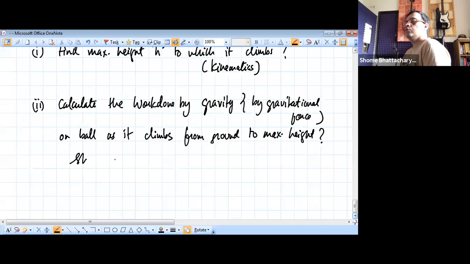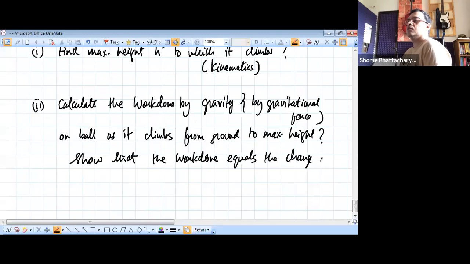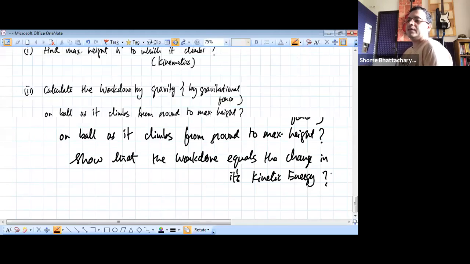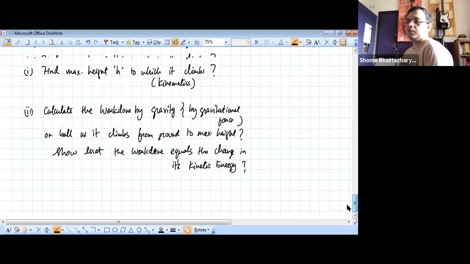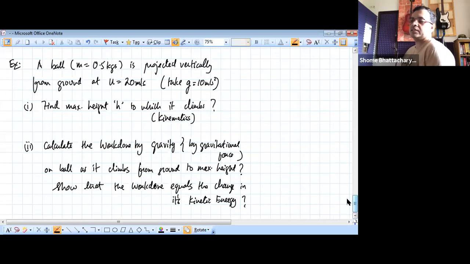So calculate this numerically and show that the work done equals the change in its kinetic energy. So you can see that you can actually solve an interesting application of the work energy theorem, that the work done by the force acting on it will equal the change in its kinetic energy by just using this definition.